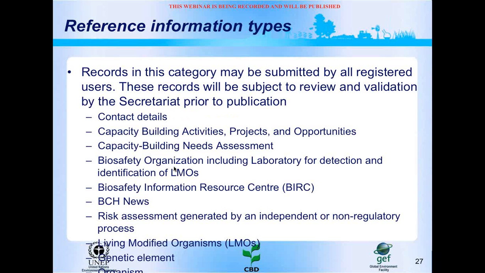If you have capacity building activities, courses, opportunities, projects related to anything under the Cartagena Protocol, then you can give that sort of record on the BCH and give the contacts, and people will be able to liaise with you. Countries or persons may have certain capacity building needs, and they carry out a needs assessment, and they're able to provide that information.